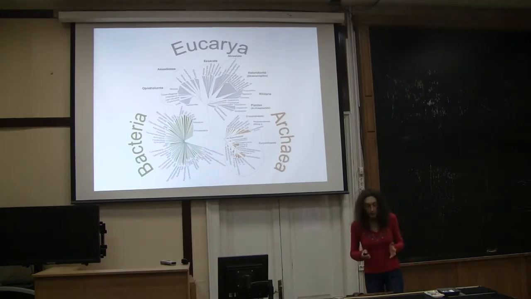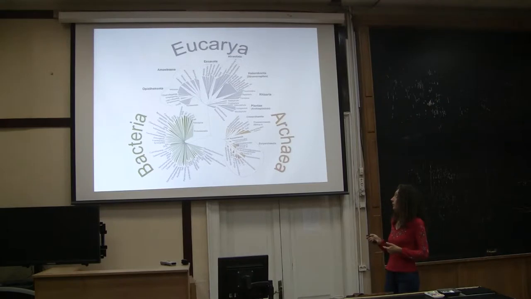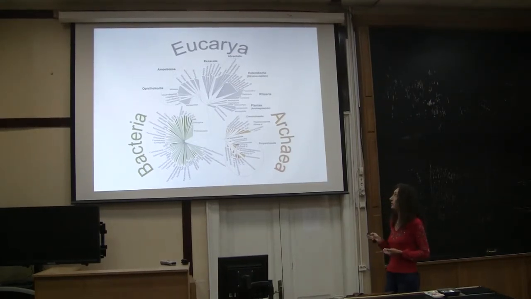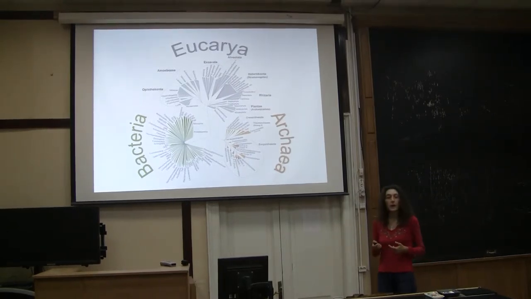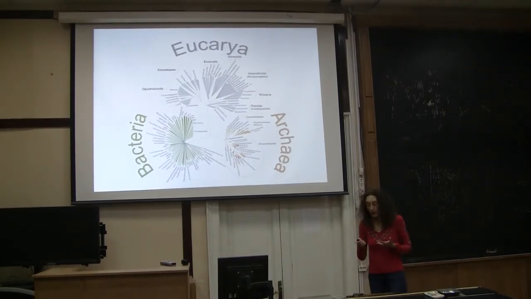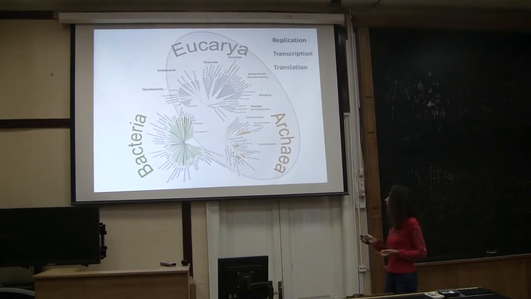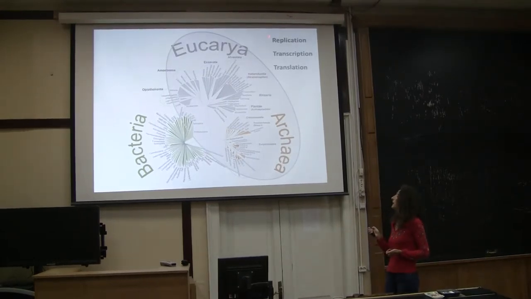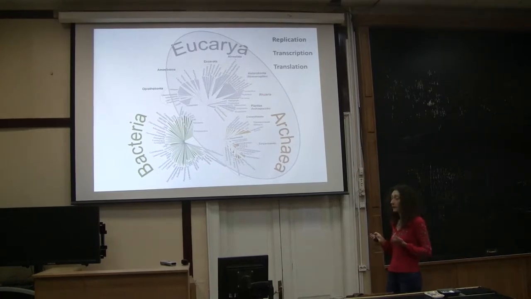And another important fact that we know, this is a very important observation, is that eukaryotic genomes and eukaryotes in general appear to have a mixed heritage, with all genes and proteins involved in replication, transcription, and translation of archaeal type.